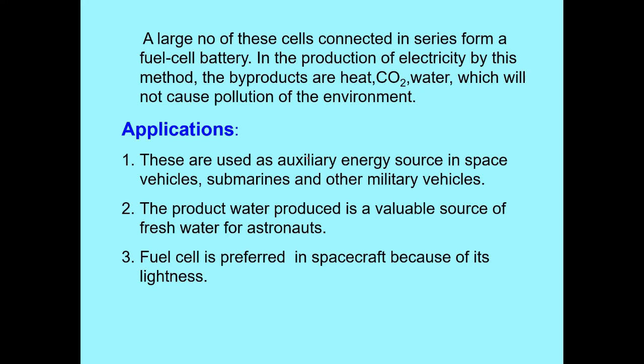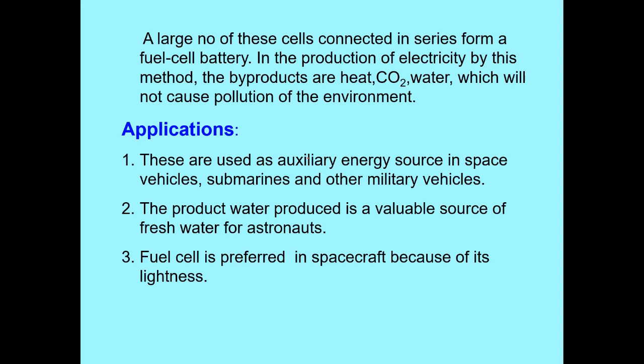Now in the production of this electricity, the products of this kind of fuel cell will be heat and electricity, along with the oxidized products, right? So basically in this case the byproducts will be heat, water, and in some cases carbon dioxide, which is actually environment friendly.